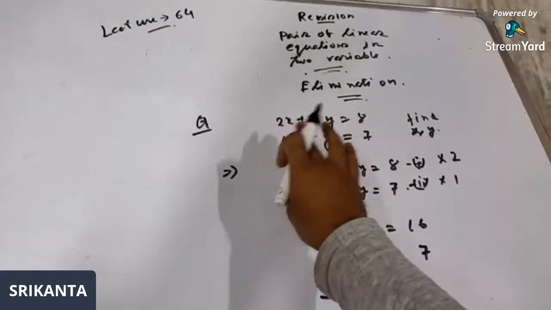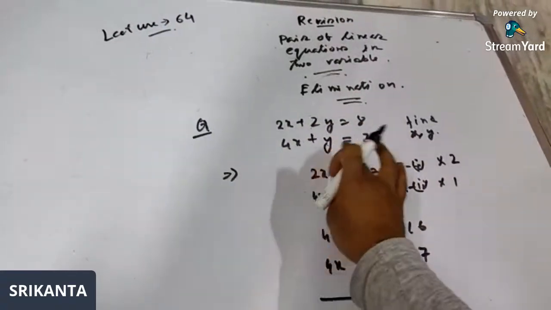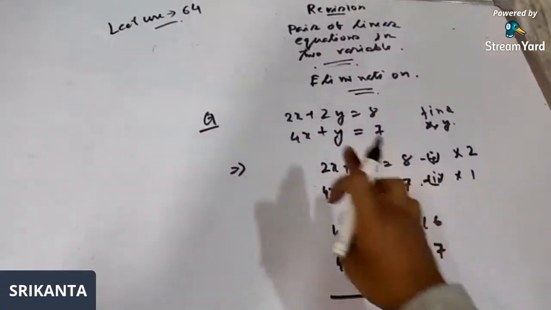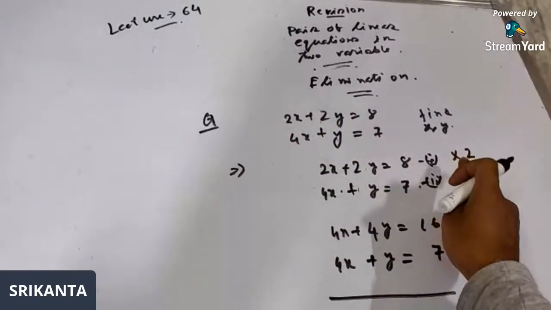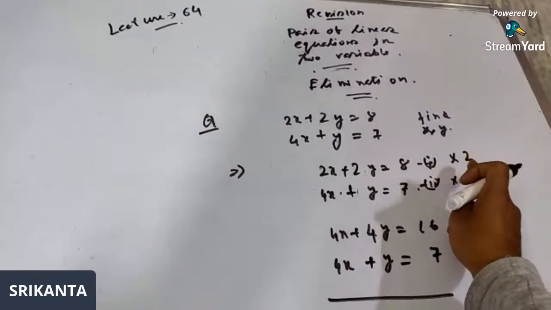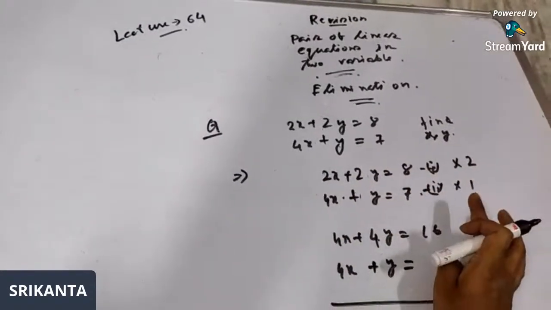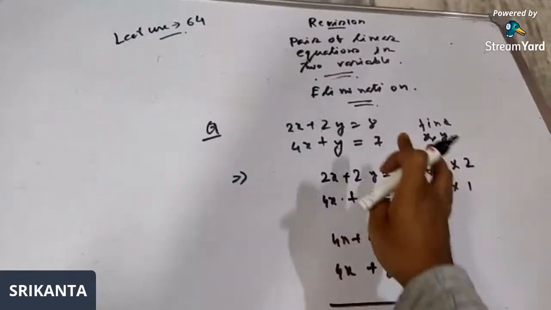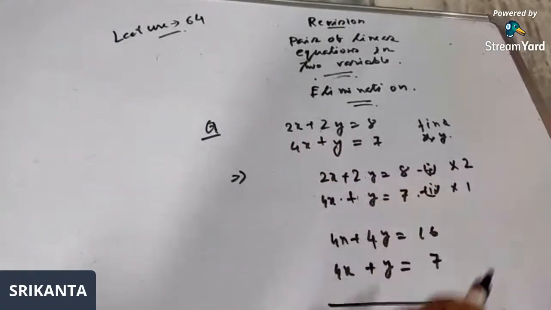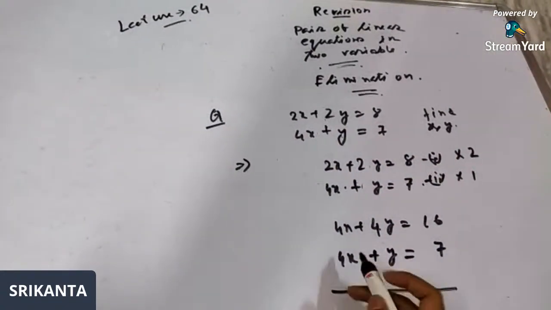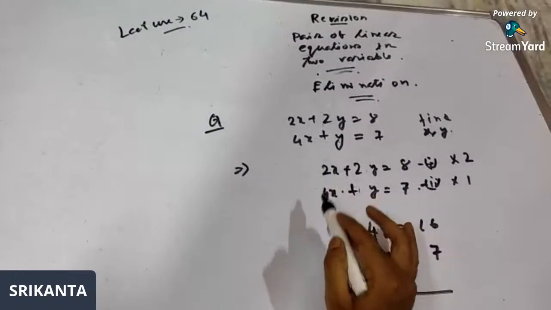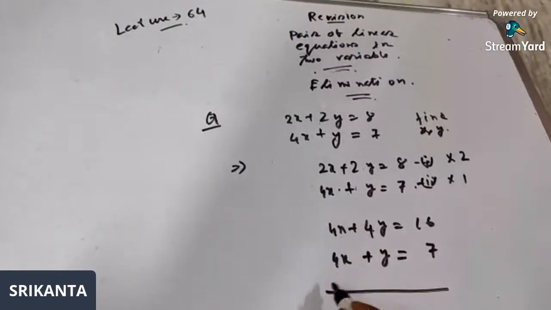This is the equation. 2x plus 2y is equal to 8. 4x plus y is equal to 7. So we are trying to match the coefficient of x. Therefore, we are multiplying this equation by 2. So 4x plus 4y is equal to 16. And I am multiplying this equation by 1, so 4x plus y is equal to 7. Now see, the coefficient of x becomes the same here.